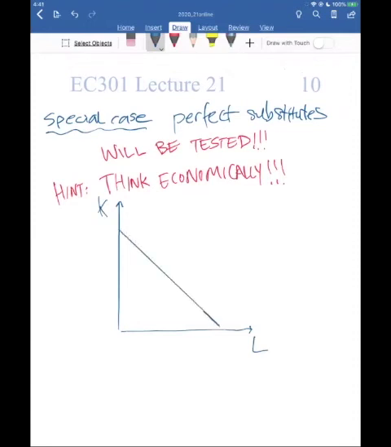And it's going to be some straight line like this. This is your isoquant. And you will have isocost curves that are also straight lines, and they do not necessarily have the same slope. And your least costly input combination will be a corner solution.